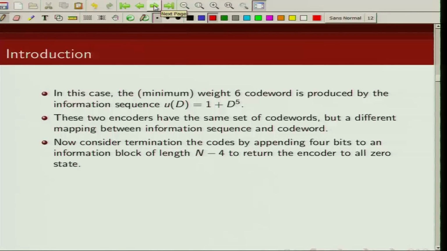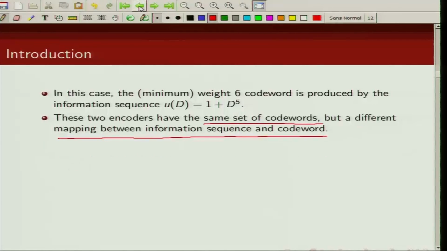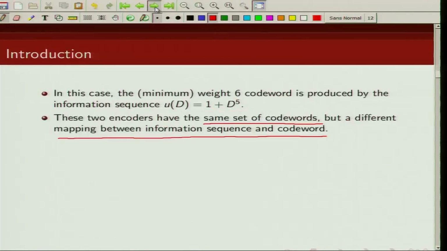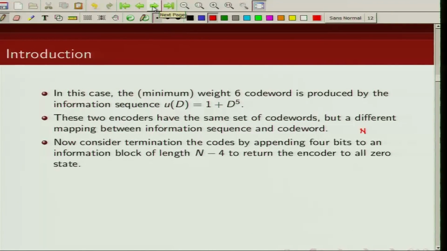Now let us consider a terminated convolutional code. Let's say our overall information block size we want is n. In this example, since the memory is 4, this is a rate 1/2 memory 4 code. If we want to terminate this encoder, we would require 4 termination bits. So let us consider an information block of length n minus 4, and to this we will add 4 termination bits.